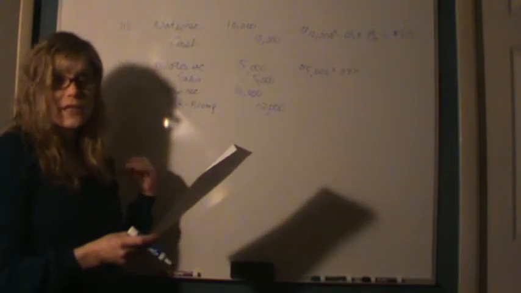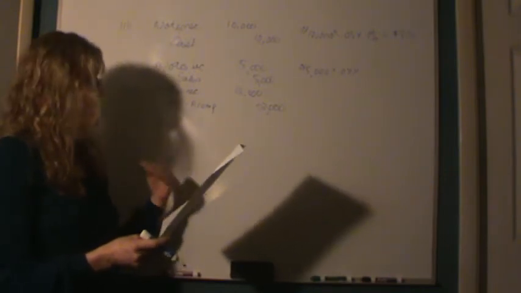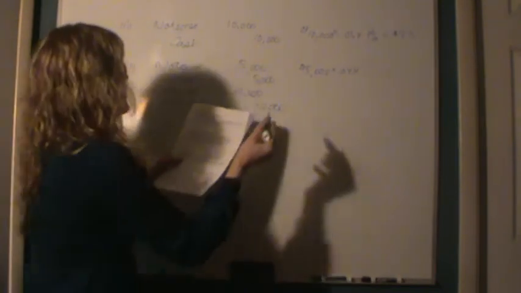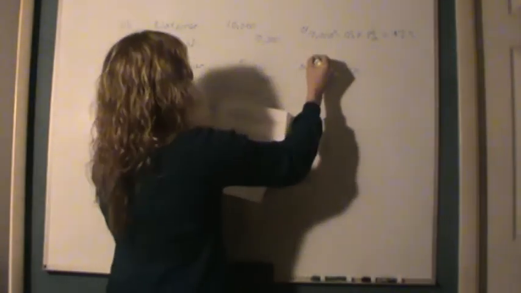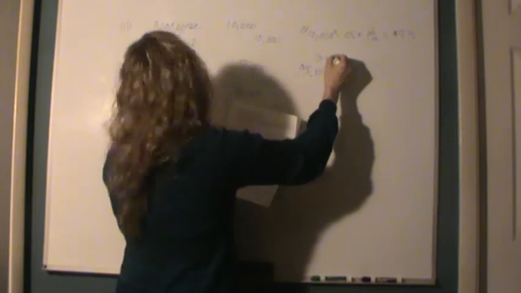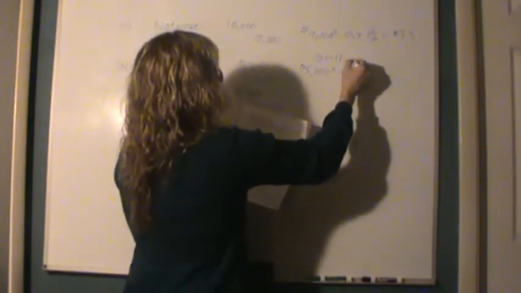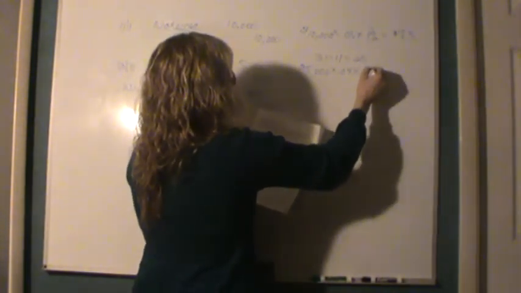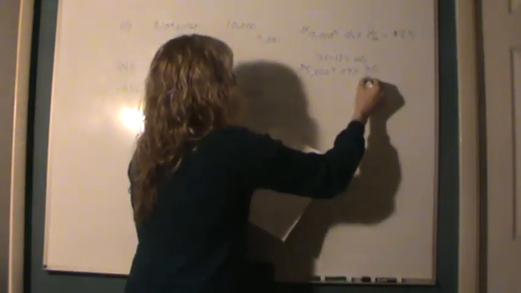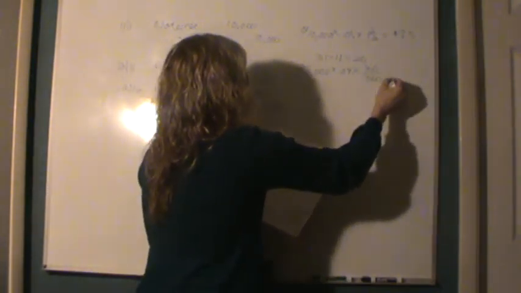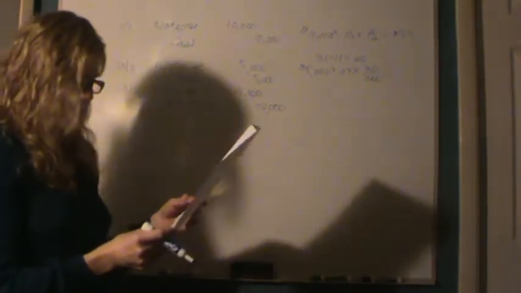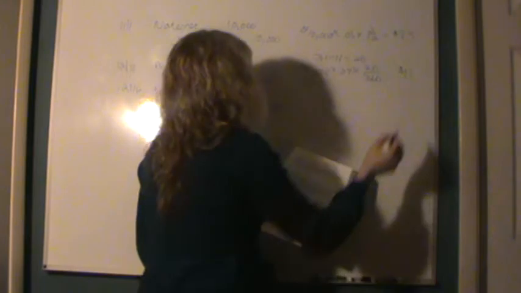First of all, when we're calculating the days, we do not include the date issued, but we do include the day of payment. So 31 days in December minus 11 for the note is going to equal 20. So we're going to multiply that by 20 divided by 360. That's the number of days the text tells us to use. That's going to be approximately $11. Again, that's not exact, it's an approximate figure.